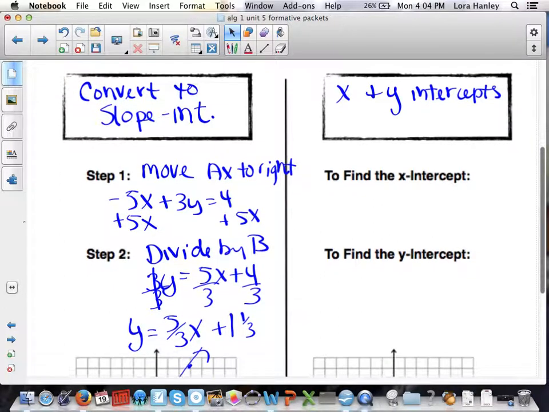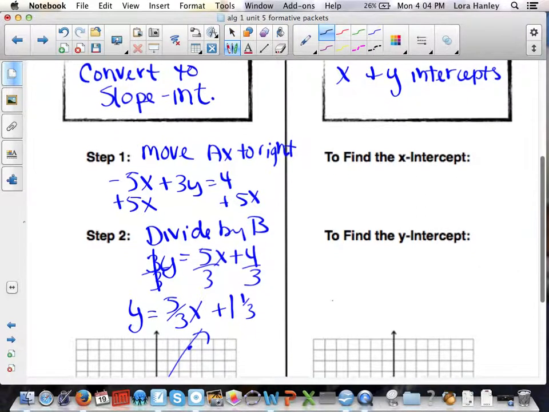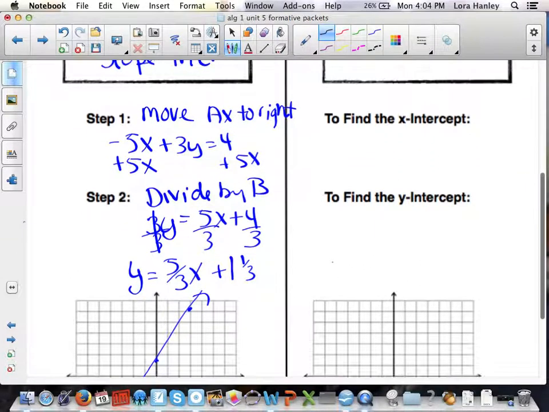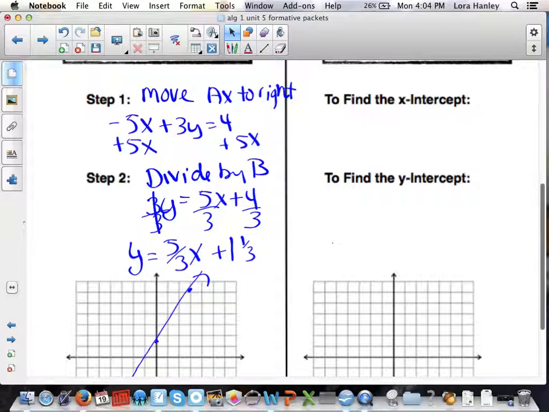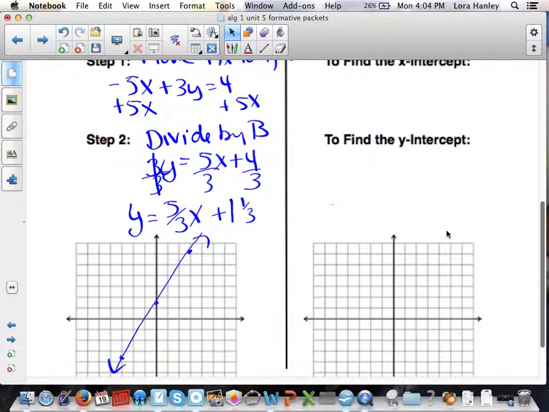Okay, so one way to find the x-intercept is, instead of c over b, it's your c over a.